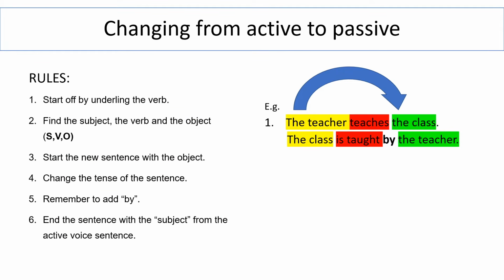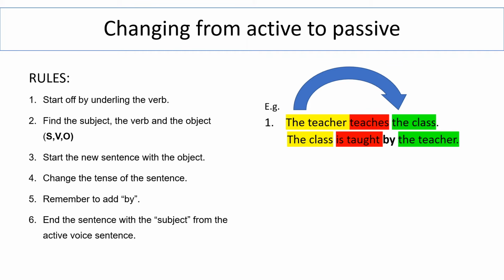Let's look at how we can change a sentence from active voice to passive voice. These are the rules. Number 1, start off by underlining the verb. Number 2, find the subject, the verb, and the object in the sentence. Or an easier way to remember this is SVO.